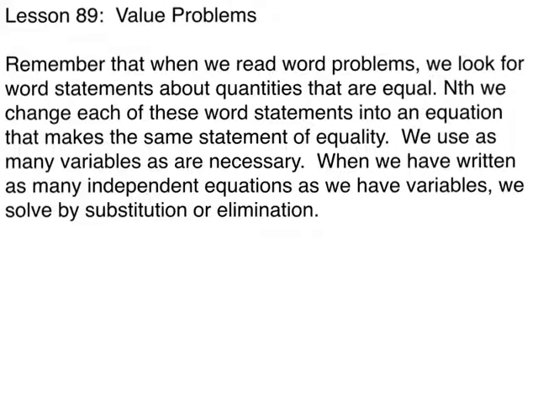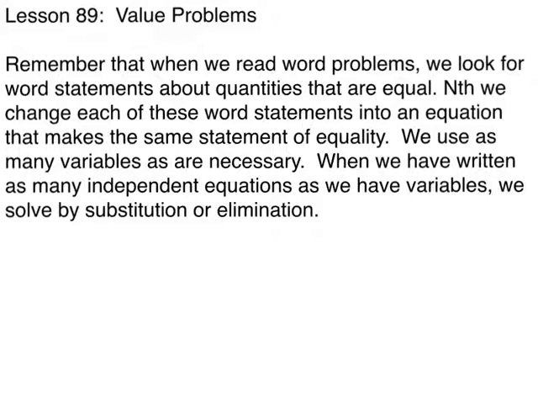So remember that when we read word problems, we look for any word statements about quantities that may be equal, because you have to have something equal to have an equation. Next, we change each of these word statements into an equation that makes the same statement of equality. To do that, we use as many variables as we need.